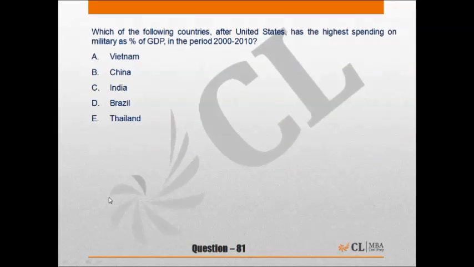Which of the following countries after United States has the highest spending on military as a percentage of GDP in the period 2000 to 2010?